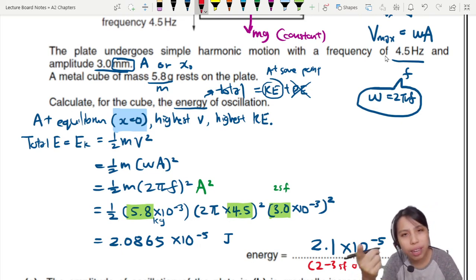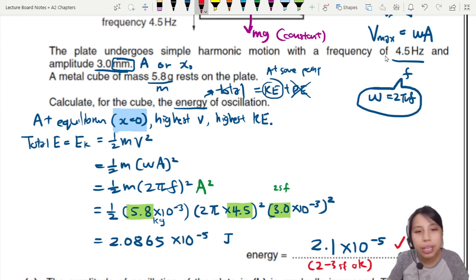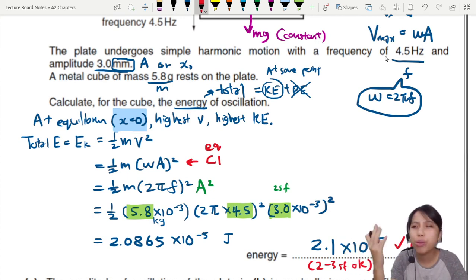It's okay. You can do this for all calculations. So 1 mark is the final answer. That's for sure. What else do we have? This A1 right here, we have one for the equation for total energy. You could either memorize this or, recommended, how you get that from half mv square. It's our old friend from AS. So you know your half mv square equation, and you must know your 2 pi f in order to get this one.